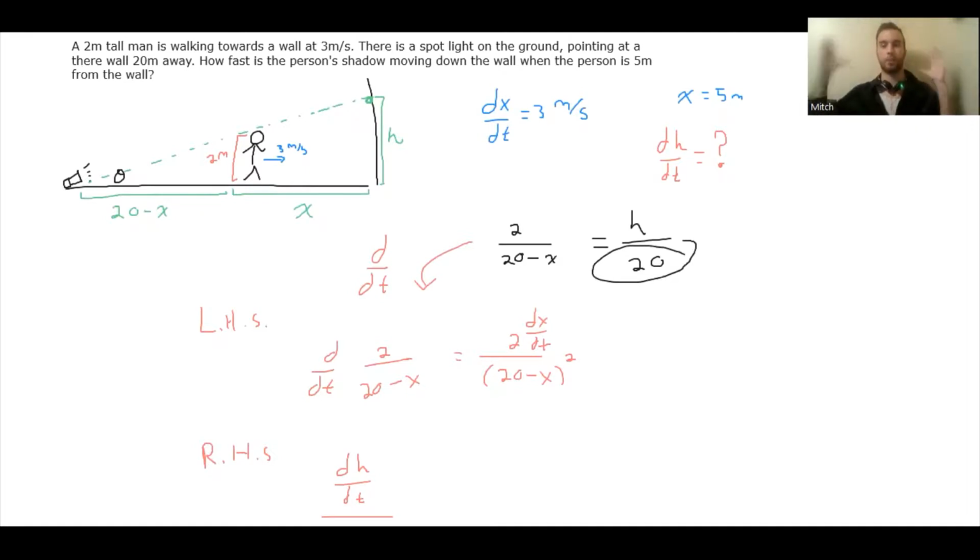The spotlight is 20 meters from the wall. That's not changing, so we can have this number in our equation, and the rate of change of that is going to be 0. This 2, his height isn't changing, so we can have that 2 there. So really, in your equation, don't sub the numbers in unless you're certain that the thing isn't changing.